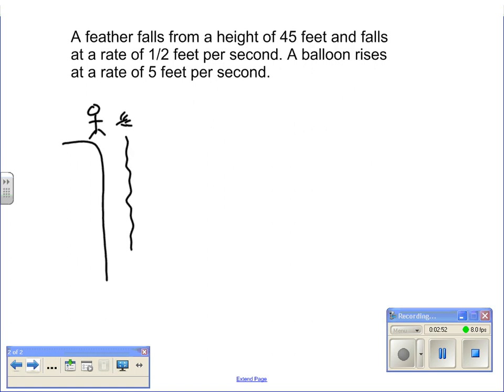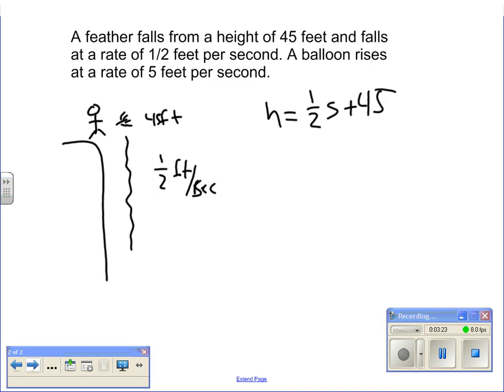And this is 45 feet up. And it is falling at 1/2 foot per second, all right? So in the end, that is going to be modeled by the equation. I'm going to call it height is going to be equal to 1/2 times the number of seconds plus the 45 feet. Okay?